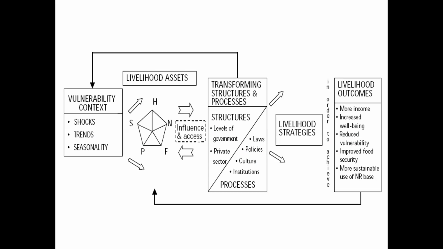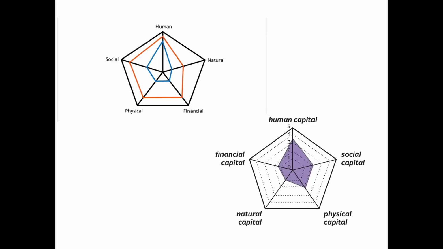For its clarity, relative simpleness, and adaptability to various circumstances, the framework is also an elegant starting point for student research, with lots of opportunities to include your own interest and scientific creativity. For example, with the shape of the pentagon, you can depict a household's access to various assets.